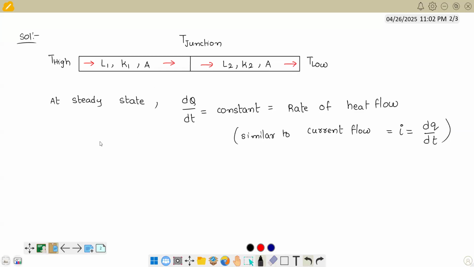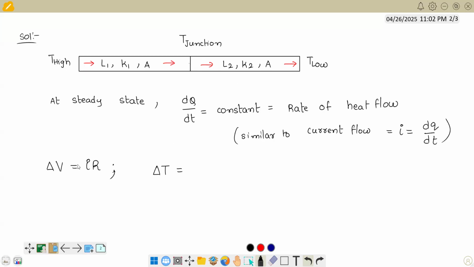Then what is current equal to? You remember the famous equation V equals IR. Similarly here also V equals IR only. There V is the potential difference between the two ends of the terminal. Here in this case it would be the temperature difference between the two ends. It could be the temperature difference between any two points, whatever you take.